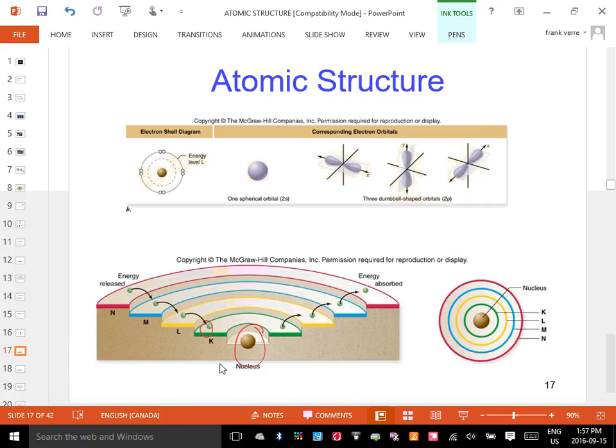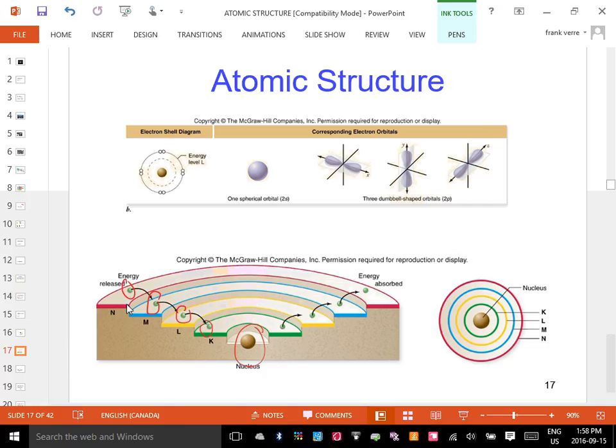And you can see it's represented as a step. And if you think about an electron that's in level L, it would actually have more energy than the electron in level K. And then the electron in level M has even more energy than the one in level L. And N would have even more.